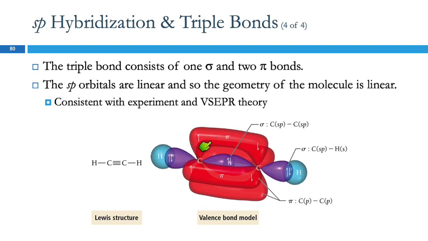And the ones that are horizontal coming in and out of the screen can overlap side to side and make another pi bond. So that is a triple bond, even though it might look like five. But these pi bonds have a piece on both sides. So this is one pi bond here, and this is another pi bond there, and then we've got this purple sigma bond in the middle.